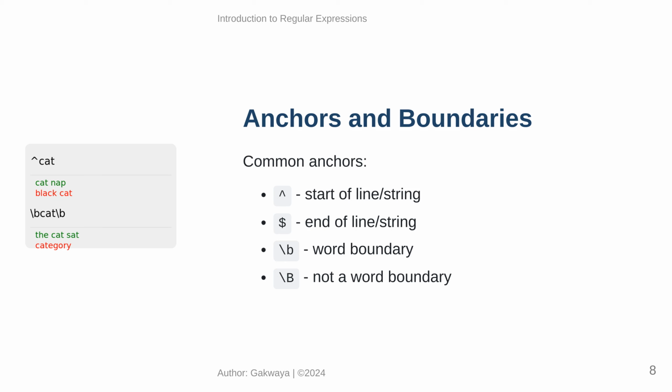This makes them perfect for matching whole words. For example, if you want to match the word cat but not category, you'd use \bcat\b. The \B is the opposite of \b, it matches positions where \b doesn't match. These position markers help us create more precise patterns that match only in specific contexts.